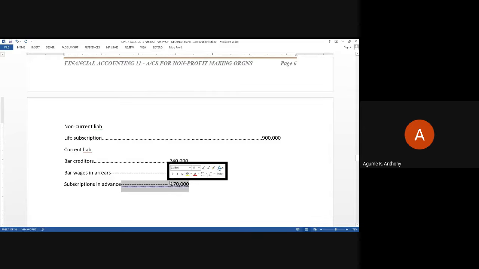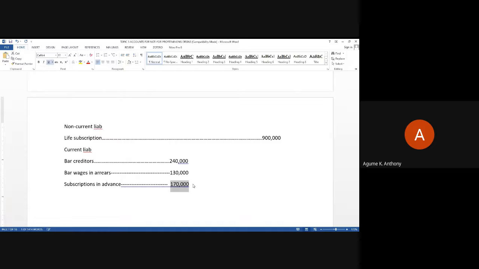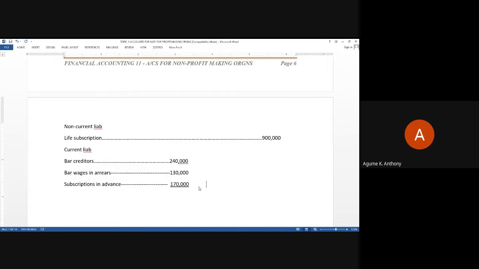When you add, you have your total of 540. That is for the total current liabilities.